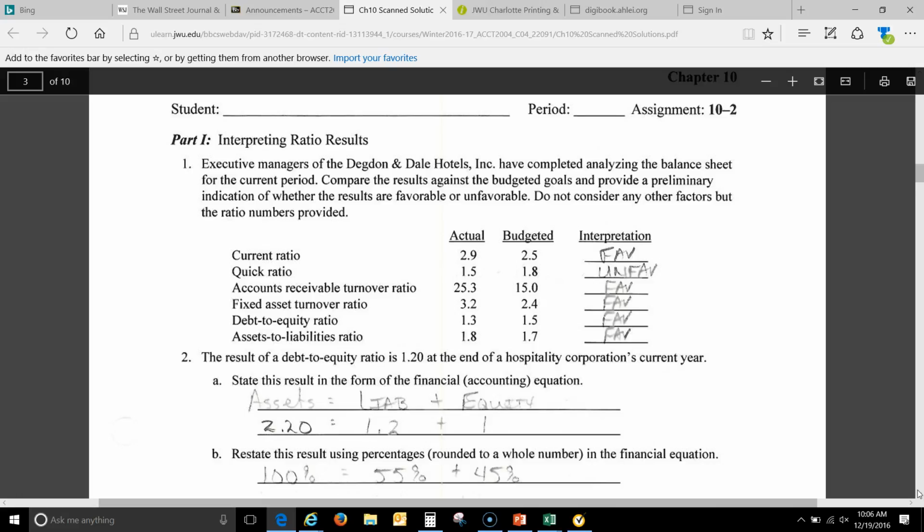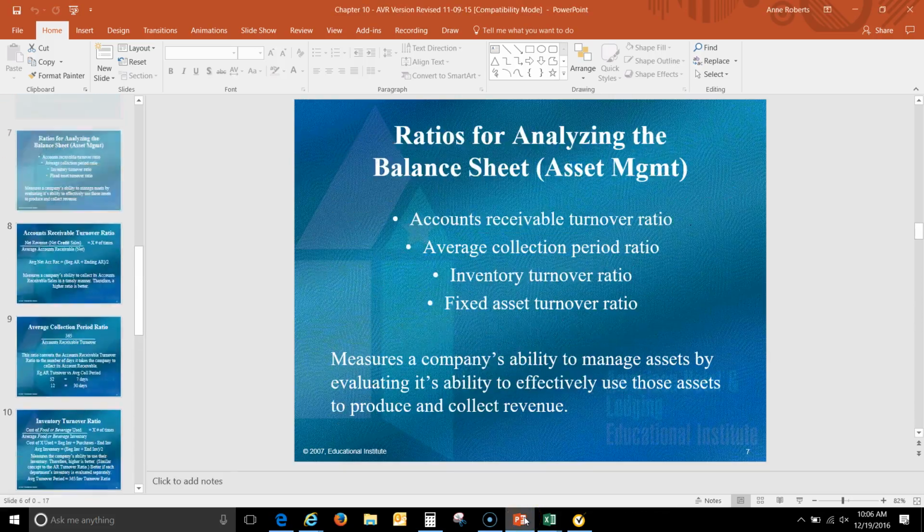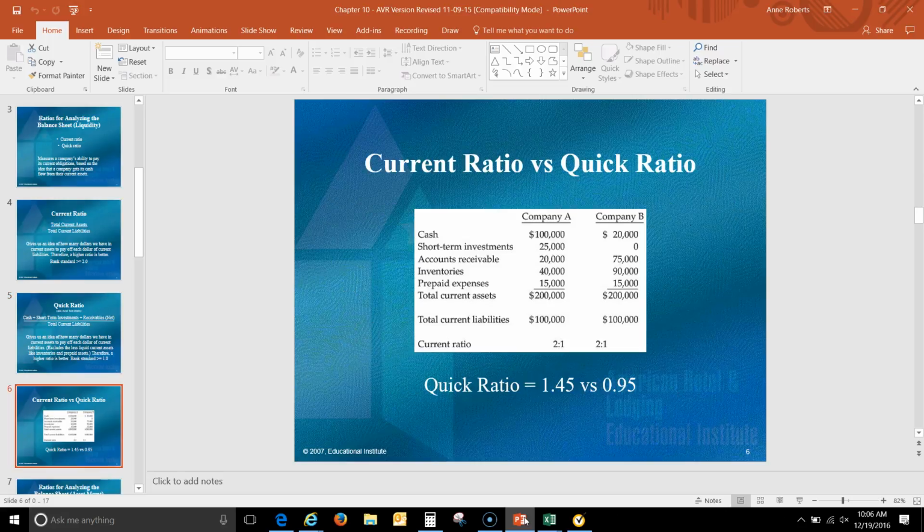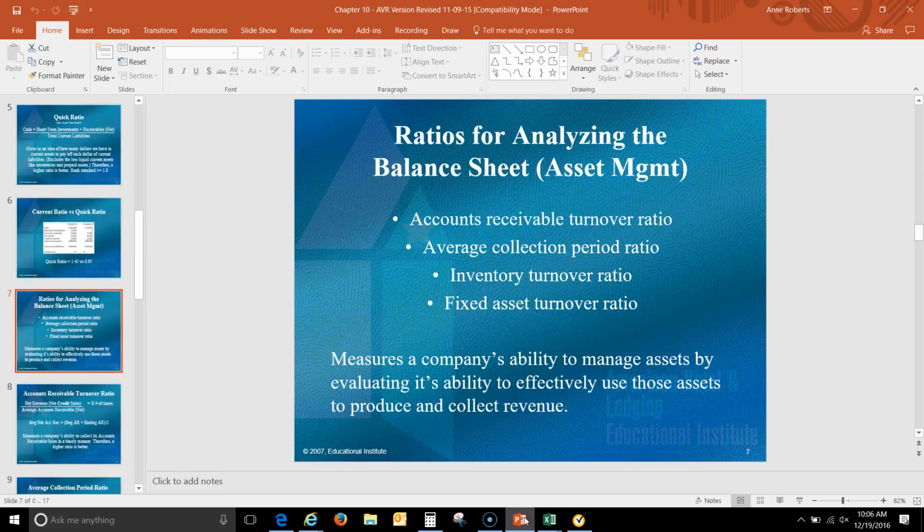So basically, the only one that you want to be lower is the debt to equity ratio. In this particular group, yes, but go back to the PowerPoint slides. I want to say there's one. Hang on, let me refresh my memory. There was one other one.